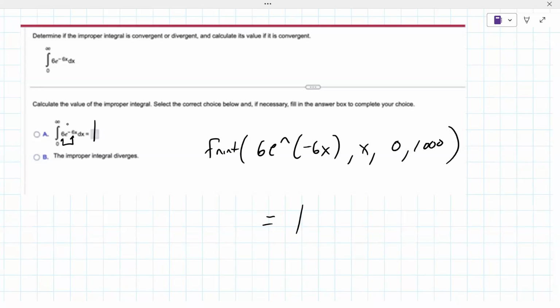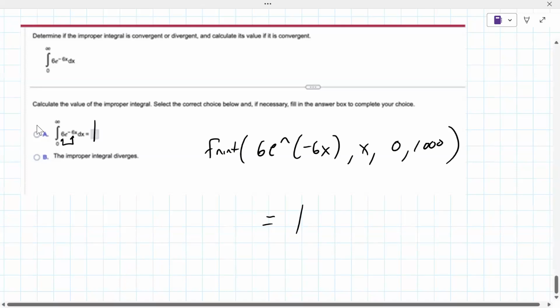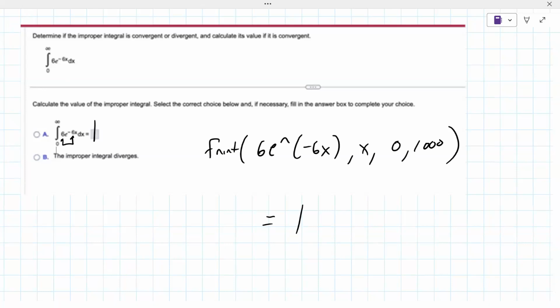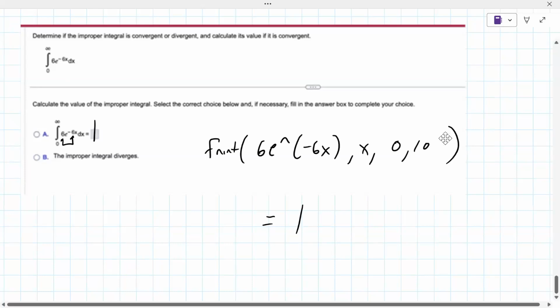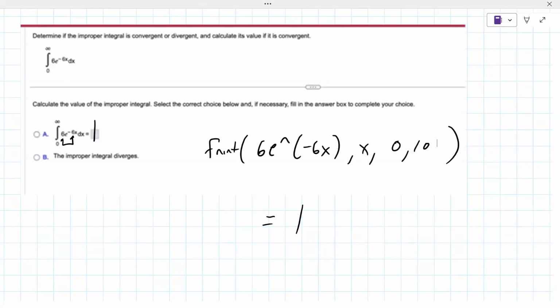When you find the antiderivative, it all works out. It's probably an overflow issue. If you go out to just like 10, you'll get one. We're going to have to spend more time on that.